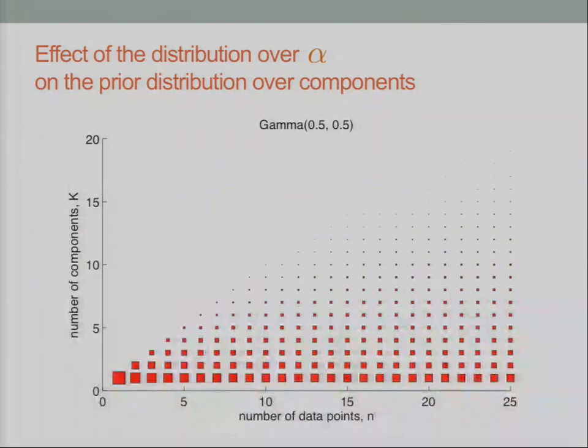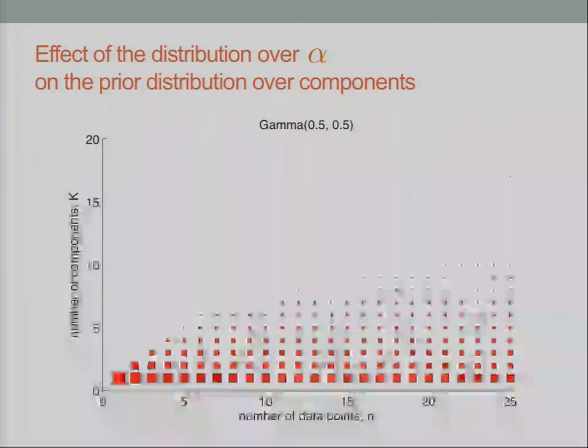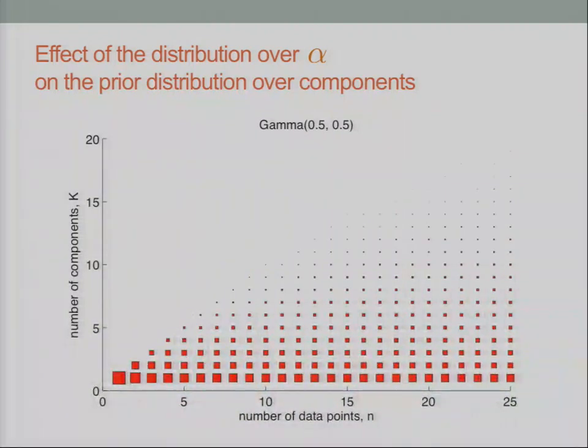If you assume a gamma prior on alpha, then this is kind of what you get. There is a heavy bias towards a smaller number of components, but there is still non-zero probability of having a larger number of components. So if your data supports it, you can end up with a large number of components.